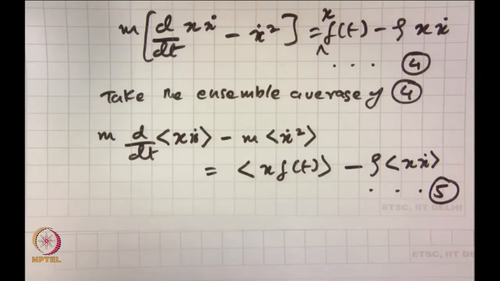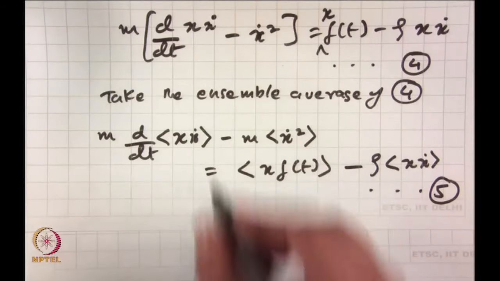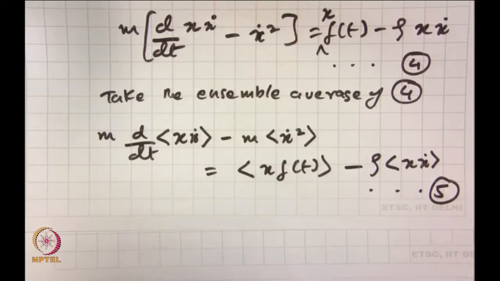Now, see what you already have. You already have that x x dot. Maybe we are looking for a differential equation where we have to solve for x x dot. It is like dy over dx, where y is equal to the ensemble average of x x dot.